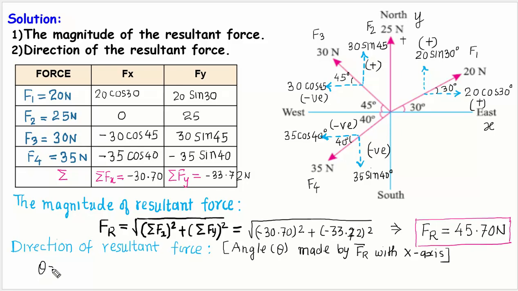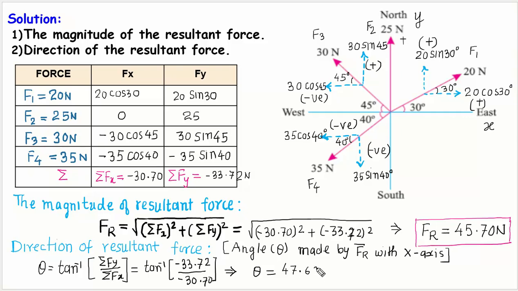Theta is given by tan inverse of summation of Fy divided by summation of Fx. That is tan inverse of minus 33.72 divided by minus 30.70.